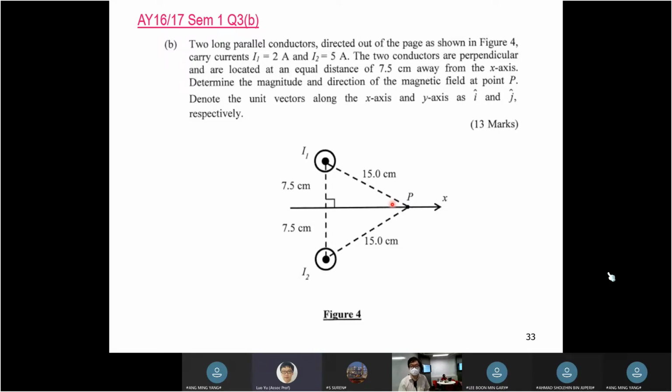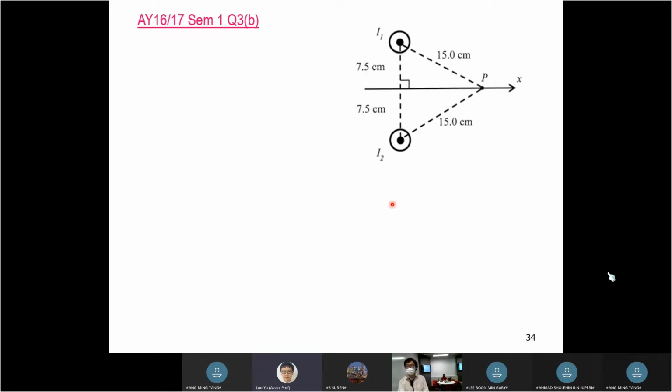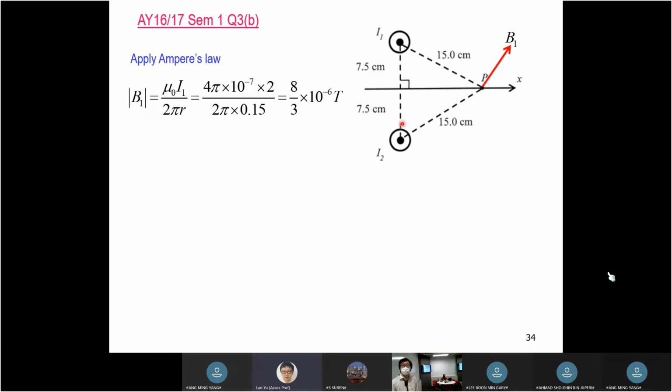Now this requires vector summation. Of course, point P experiences two magnetic fields generated by I1 and I2 respectively. For I1, B1 is equal to mu naught I divided by 2 pi.